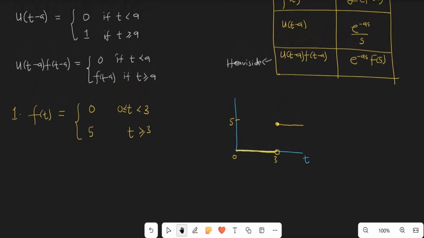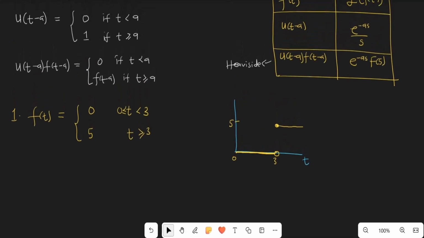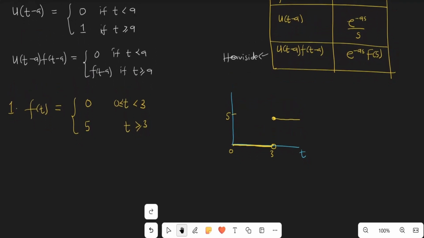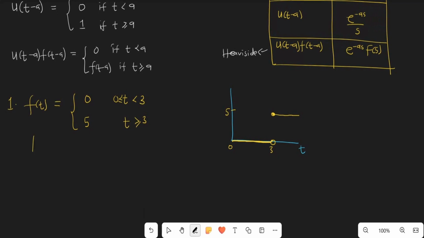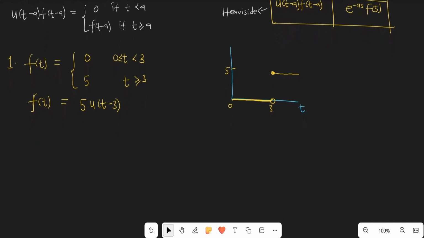We can use the definition of the unit step function to rewrite this. So f of t can also be written as 5 times the unit step function of t minus 3. Now we can take the Laplace transform of this.